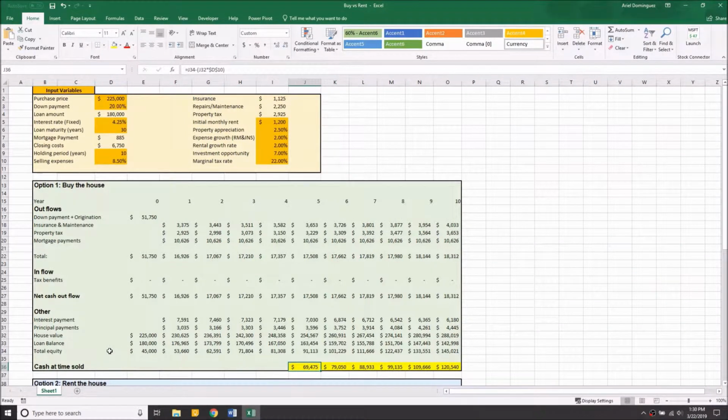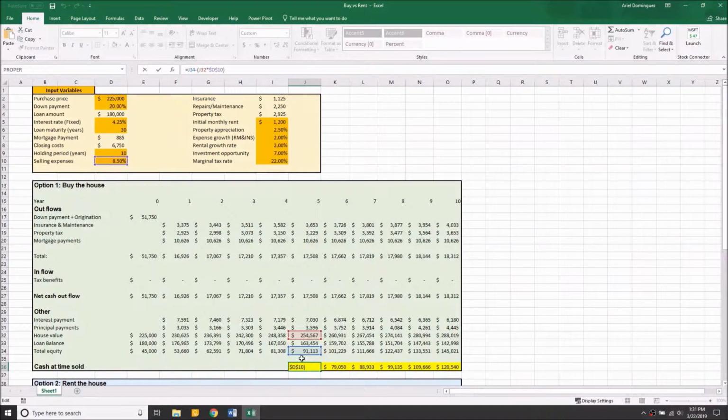So basically what this is taking is when you sell the property, you're going to essentially have the equity that you have in the property. But keep in mind, when you sell the property, you're going to pay selling expenses, and these expenses are taken into consideration when selling the property. So we would take the home's value and subtract the loan that we owe. That gives us the equity.